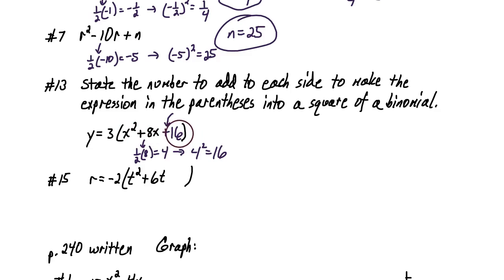Now we know that when we have an equation that has a left side and a right side, you can't only add a number to one side. You have to add the same number to the other side to retain balance. When we filled in a 16 in the parentheses, what did we really add to the right side of the equals? It wasn't 16, because in front of the parentheses is timesing by 3. When we put a 16 in here, 3 times 16 is 48.